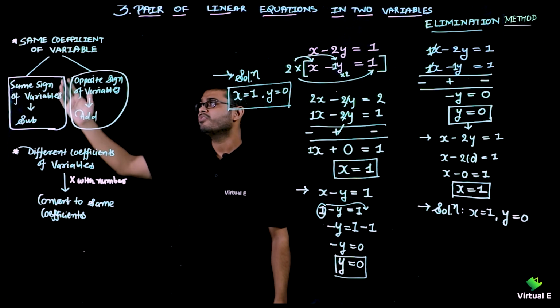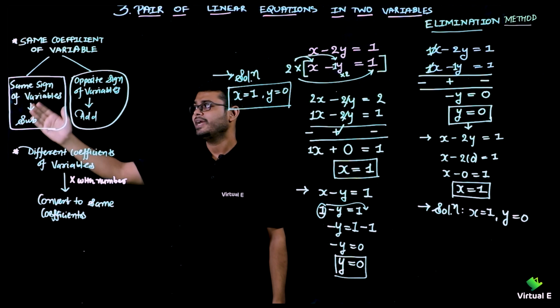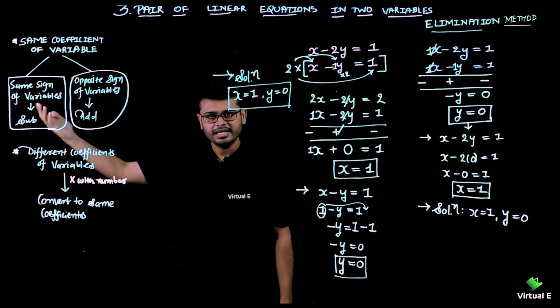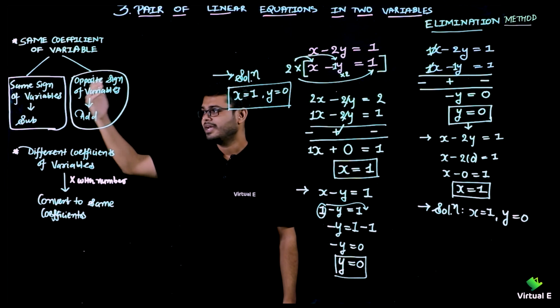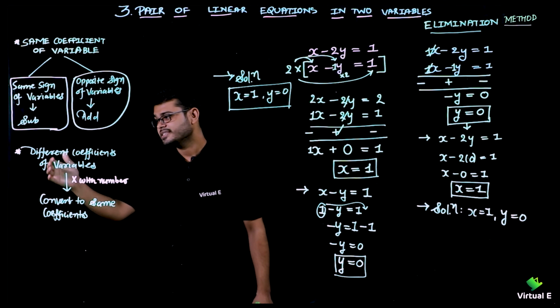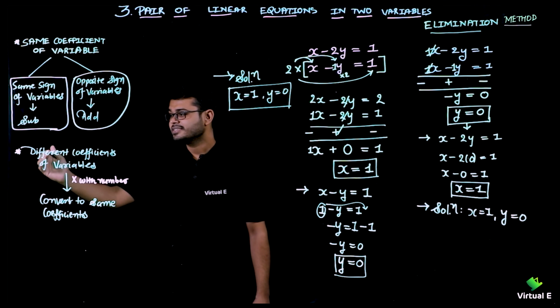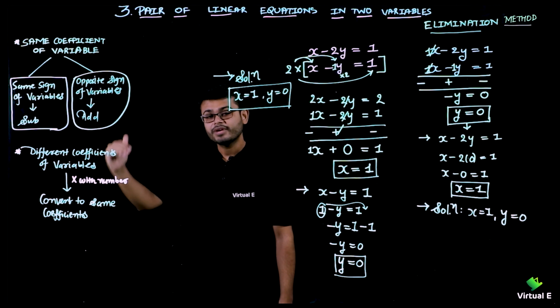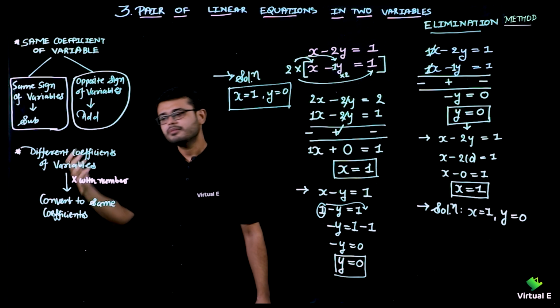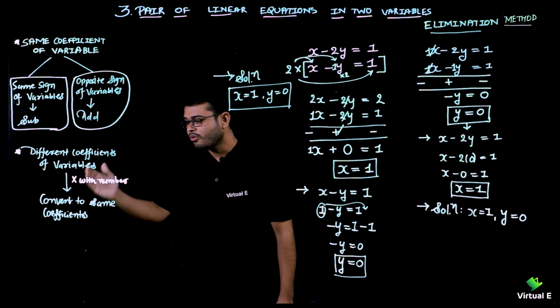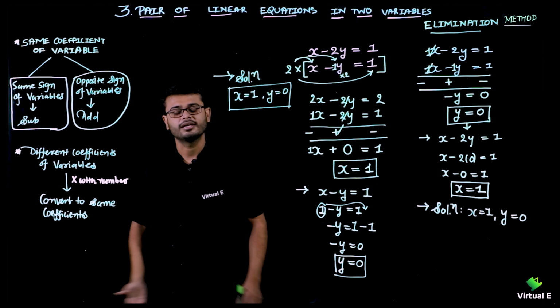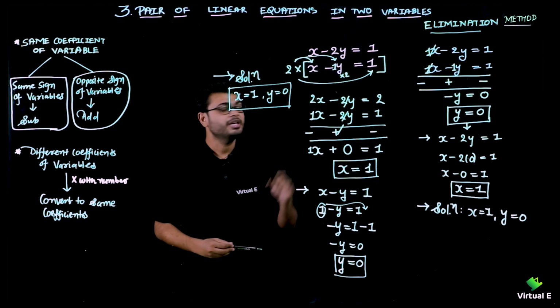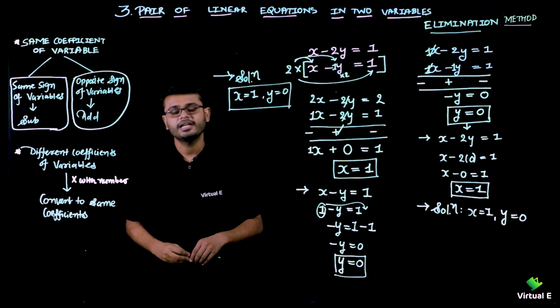If you have same coefficients, you need to see whether the variables have the same sign, then subtract. If they have opposite sign, very simple, add. And in the second case, if there are different coefficients, we multiply with a number to make the coefficients equal, and afterwards we follow these steps again. So this was the elimination method for solving linear equations.